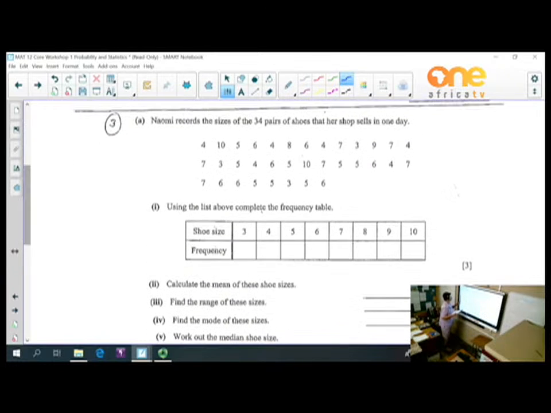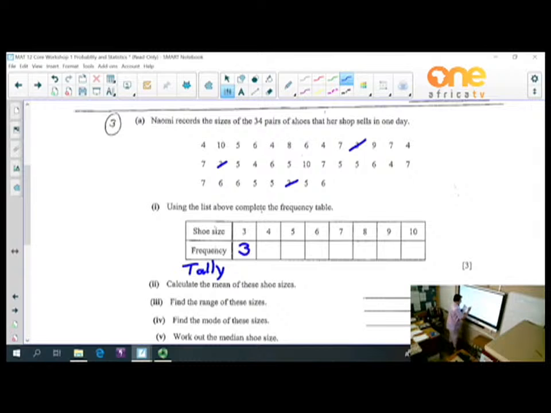Right, question 3. Now, Willie records the size of 34 pairs of shoes in a shop to sell. Now, usually we can also make that tally table. You can tally them, or you can just count them now, how many it is. It's a good idea, if you do this, to cancel your 3s, for instance, so that you make sure you have counted them.